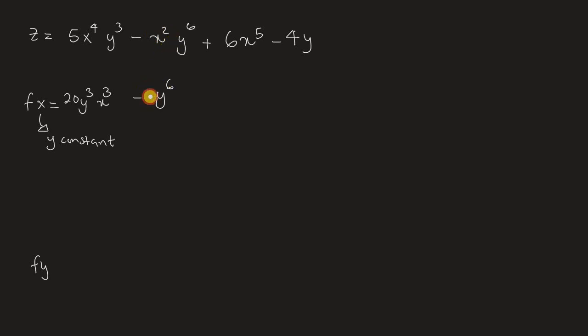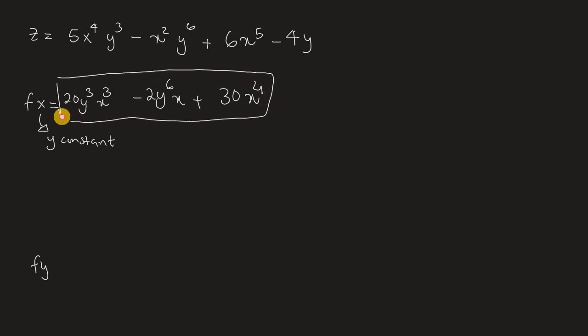Differentiate x squared, so this is 2x. The derivative of this is 30 x to the power of 4. And now this whole thing is a constant, 4 is a constant, y is a constant as well. The derivative of a constant is 0. Okay, so just don't write it. So this is the derivative with respect to x.